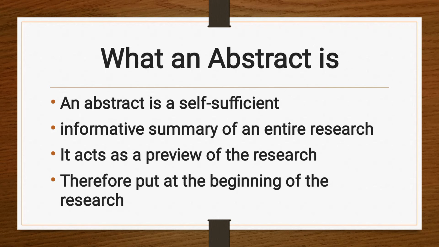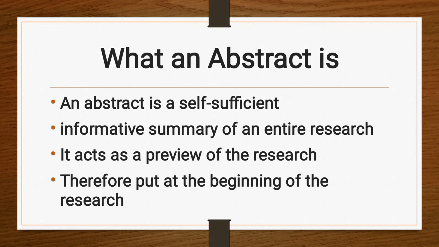Then after telling you that, let me now tell you what an abstract is. It is a self-sufficient informative summary of an entire research. In other words, it acts as a pre-review of the research.